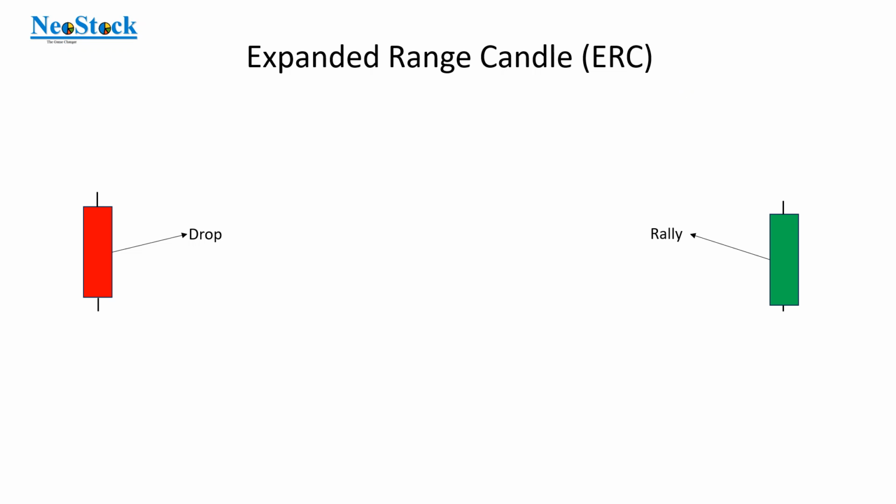Hope you got the clarity now. So in an expanded range candle, bearish candles are called drop, bullish candles are called rally. Both are very important terms. Please try to memorize these technical terms, because these terms will be useful to you in our further lessons.